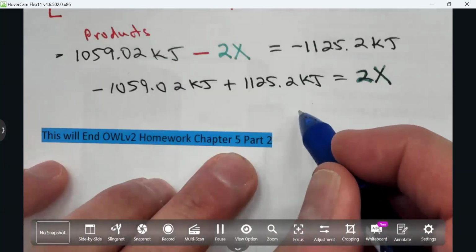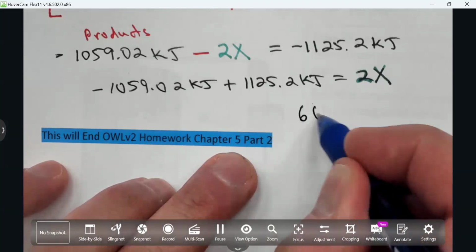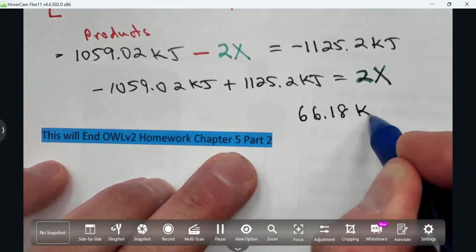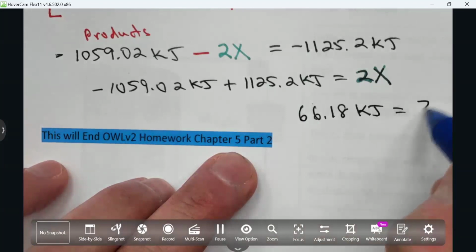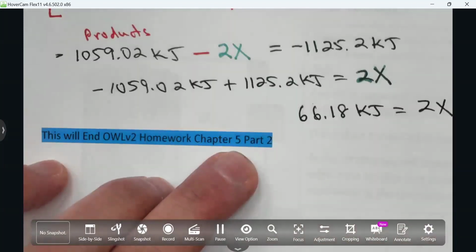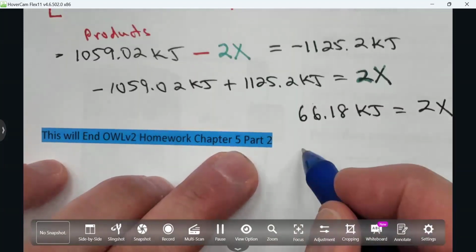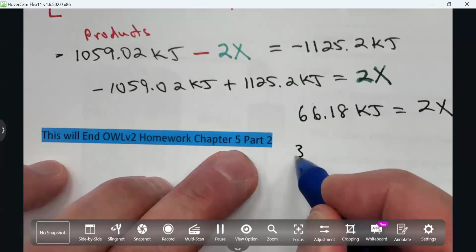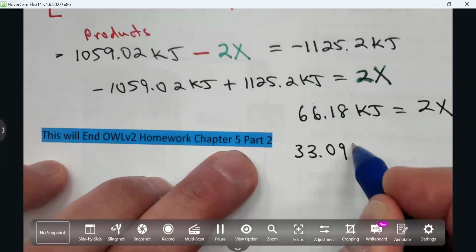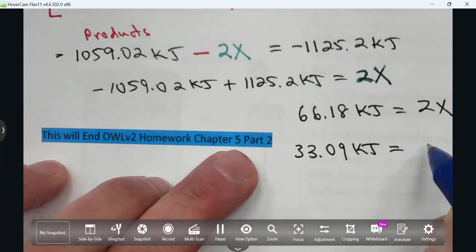So if we subtract that, 66.18 kilojoules is equal to 2x. So 33.09 kilojoules.